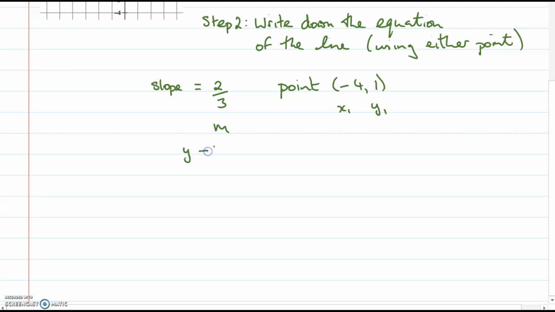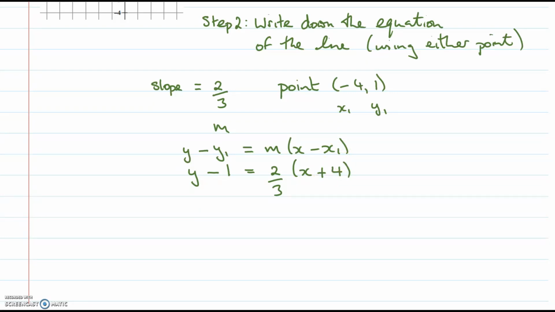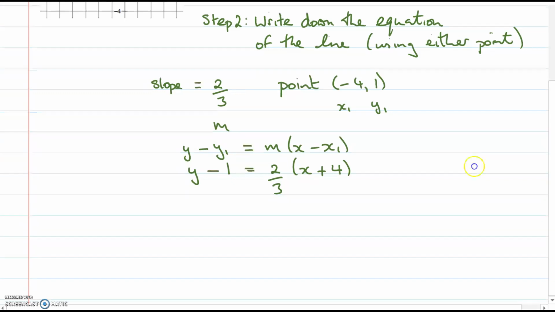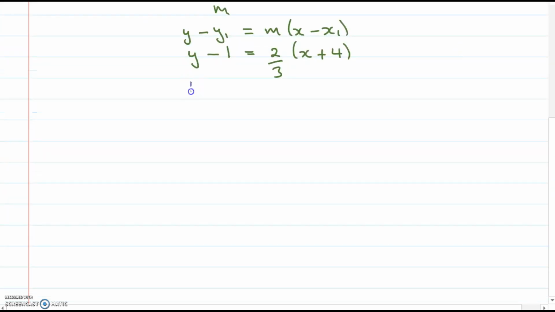Now the formula for the equation of a line is y minus y1 equals m on x minus x1. So that's going to be y minus y1 is 1, m is 2/3 on x minus x1 is -4, so it's x minus minus 4 or x plus 4. Again, we've seen this a few times now. The slope is a fraction.